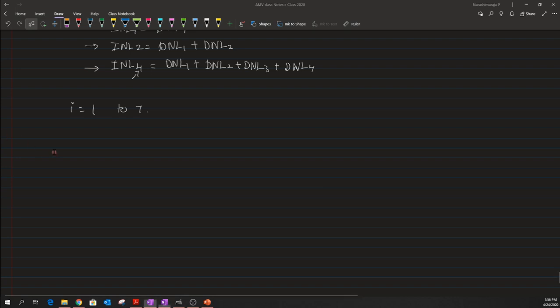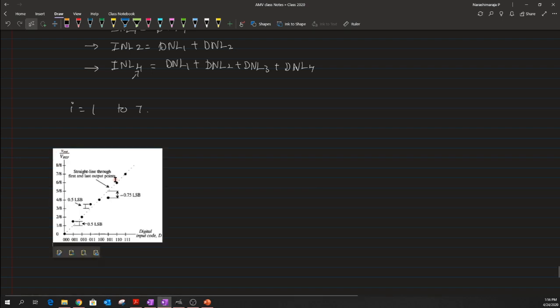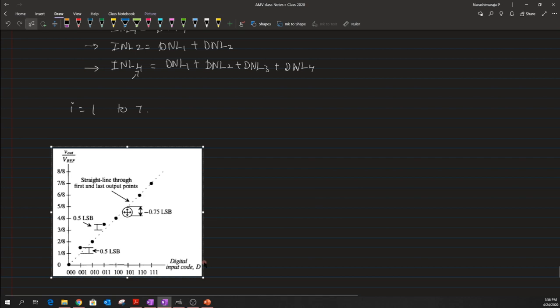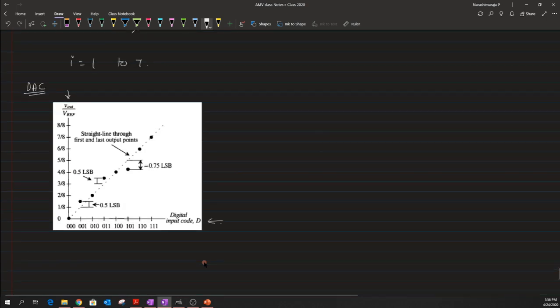The picture that I am pasting here is basically the transfer characteristic of a DAC. As you can see, the input is a digital input and the output we are expecting is a voltage. So basically it's a DAC. And now for this we just want to compute the INL.